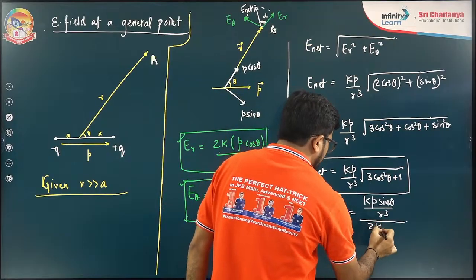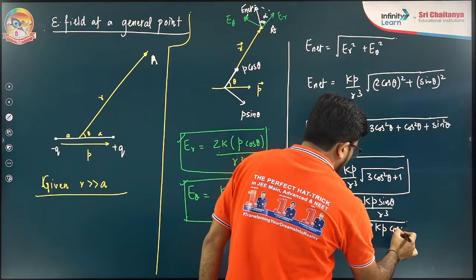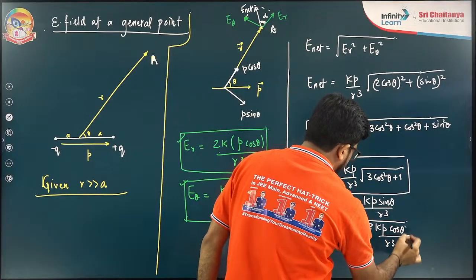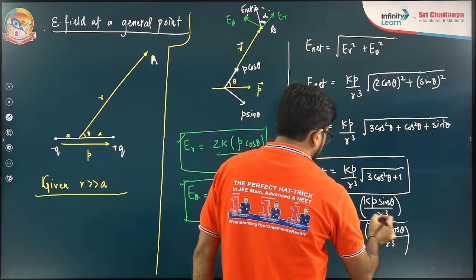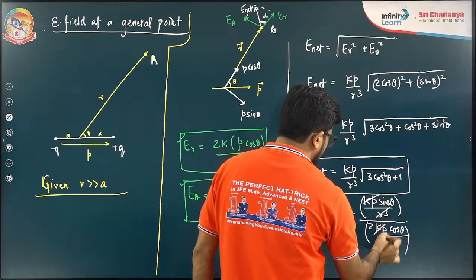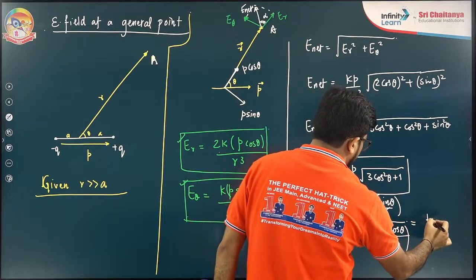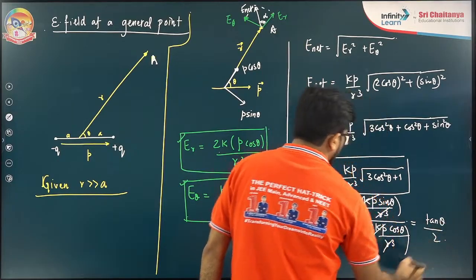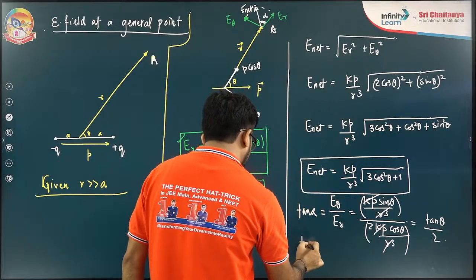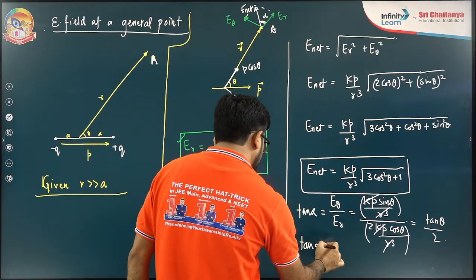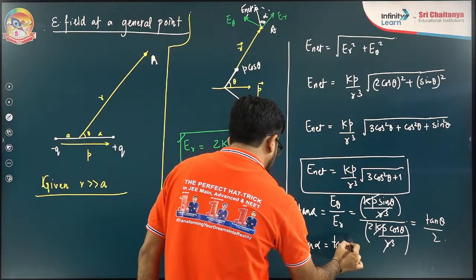Kp and R cube cancel. So this becomes tan theta by 2. This is tan alpha is equal to tan theta by 2.